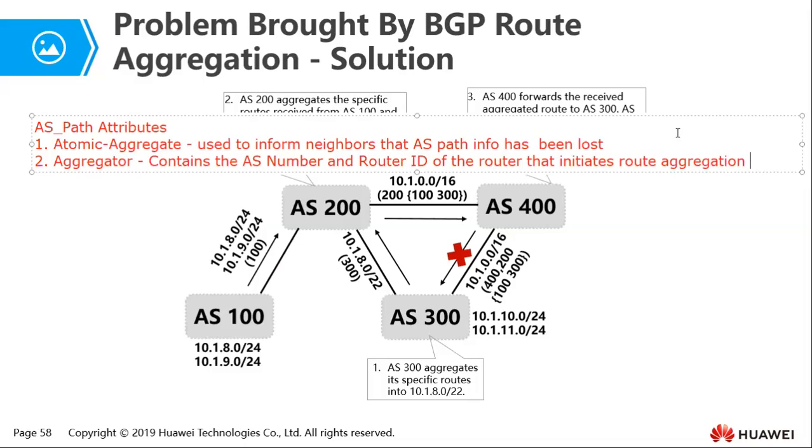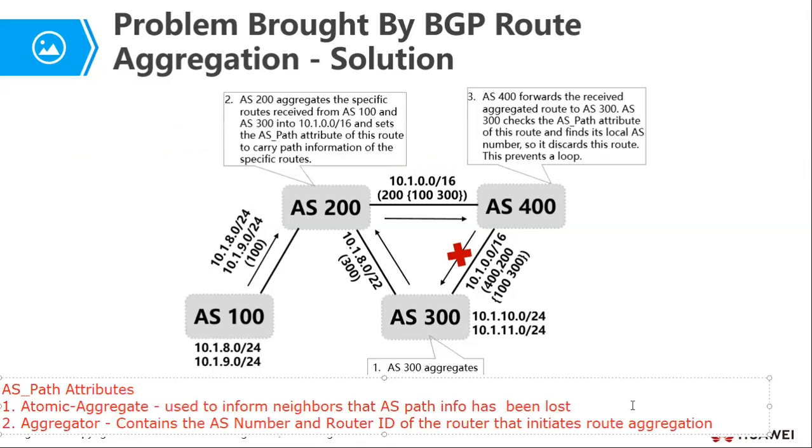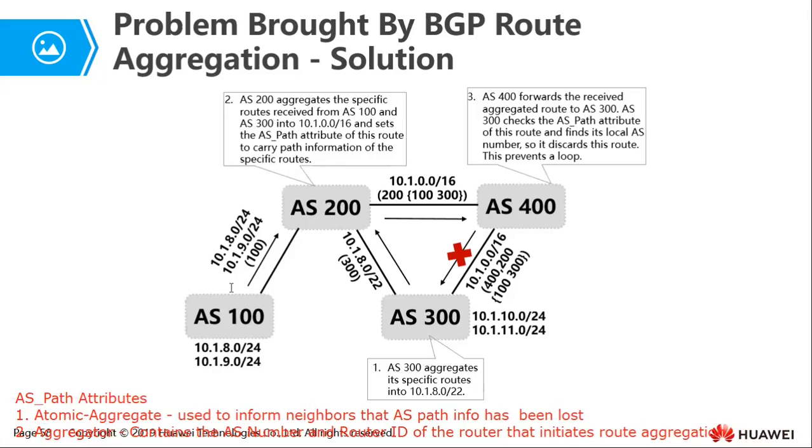It carries the AS number and the router ID of the router that initiates the aggregation. So for example here, the aggregation is initiated at AS 200. So the aggregator attribute is going to carry that information, the router ID and the AS number of that particular router.